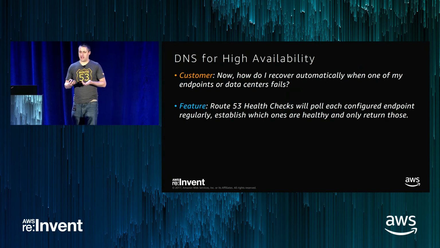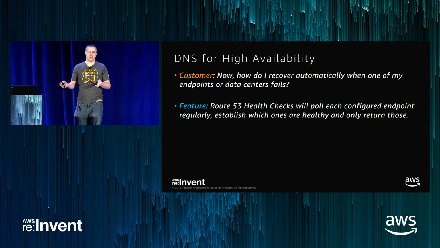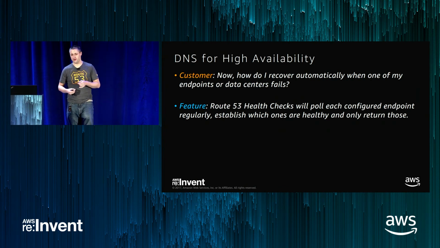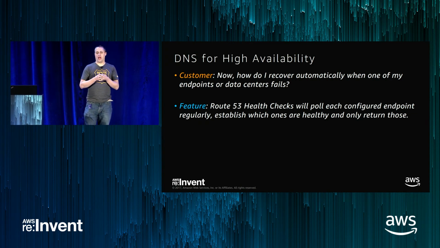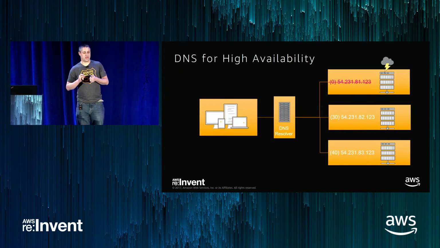Related to that, and again, something that Amazon was looking for, was the ability to handle, let's suppose something terrible happens in one of these data centers. Do you want to spend half an hour waiting for an operator to join a conference call and make some changes in DNS? No, ideally not, please. So we have an automated health checking facility, and what that will do is poll all of the endpoints.